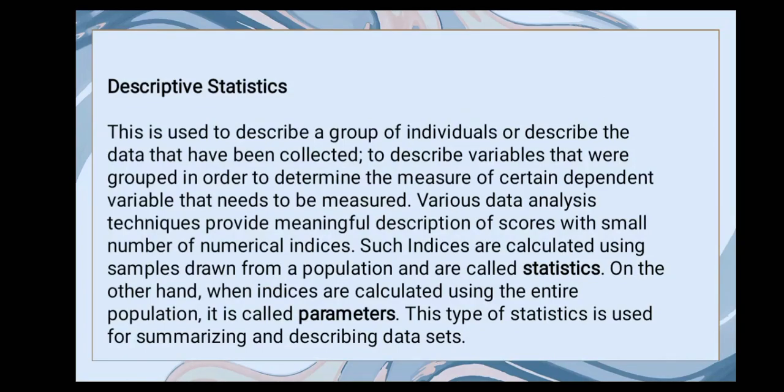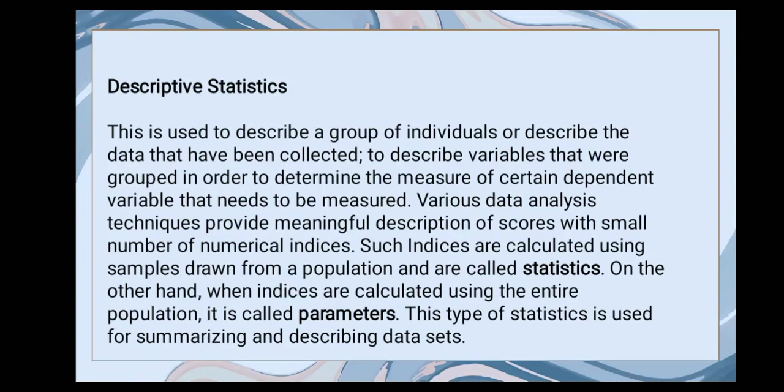Descriptive statistics, this is used to describe a group of individuals, or describe the data that have been collected, to describe variables that were grouped in order to determine the measure of certain dependent variable that needs to be measured. Various data analysis techniques provide meaningful description of scores with a small number of numerical indices.